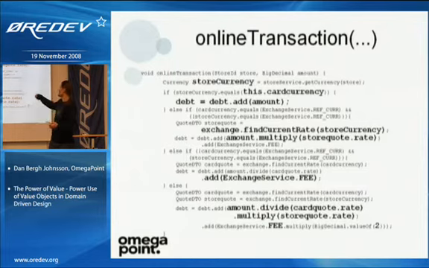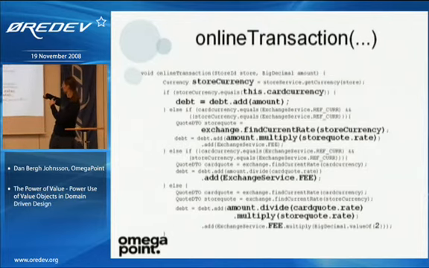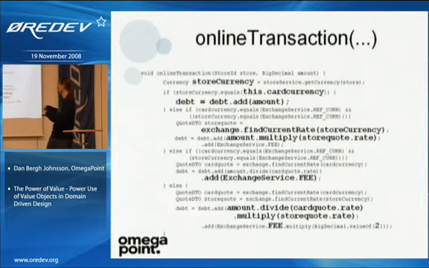And then we add the fee on it. And if it's the other way around, that's the reference currency is the store currency, but the card currency is not, then we'll do the same and add the fee. And if it's neither, then we have to divide with the card quote and then multiply with the store quote.